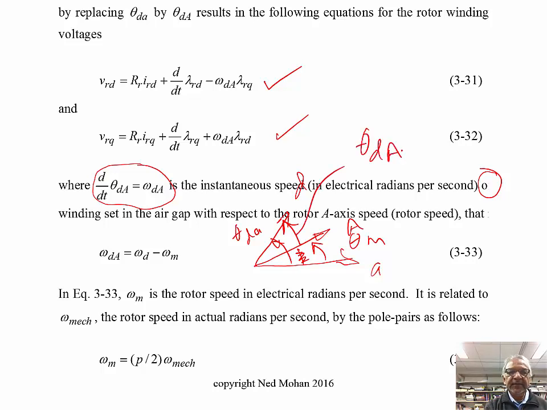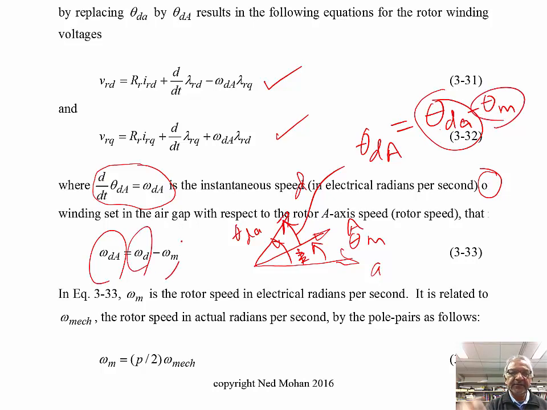So theta dA is equal to theta d minus theta m. If you differentiate this equation, you get omega dA, the speed of the d axis with respect to the rotor A axis, equal to the differentiation of this, which is omega d, and the differentiation of this, which is omega m.